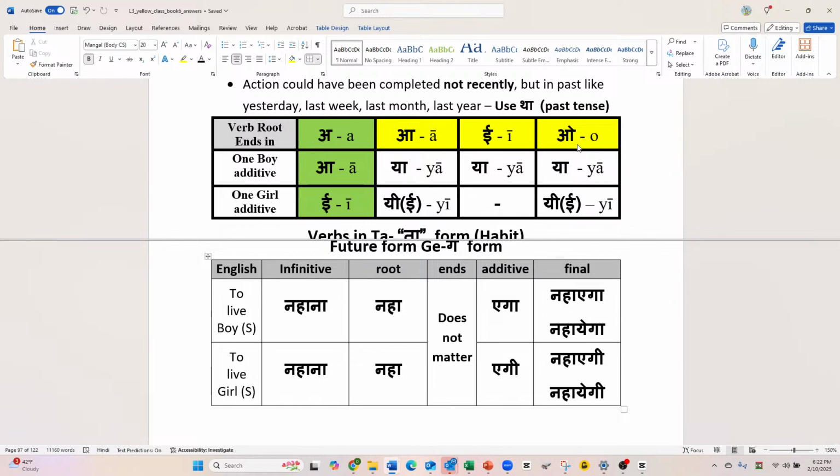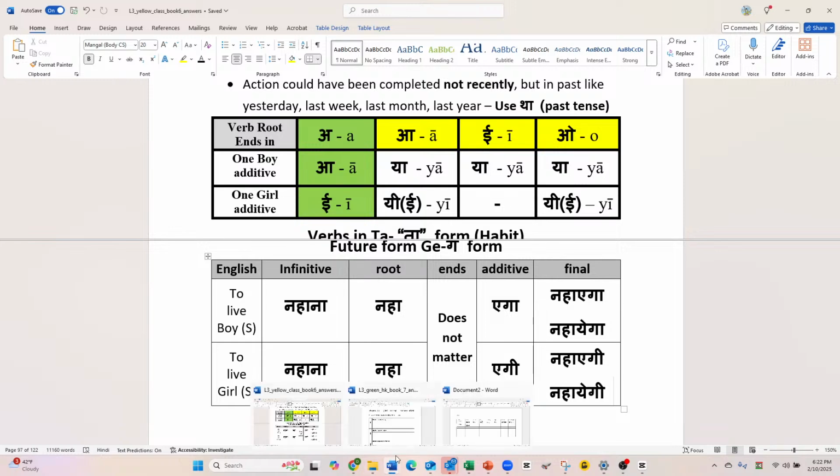Every verb, if it just ends without a matra, it is a. Always it's a. So Dord is a. Understand? So the adjectives are going to be a and e. If you add R to dod, what will it become? दौड़ा. Doda.